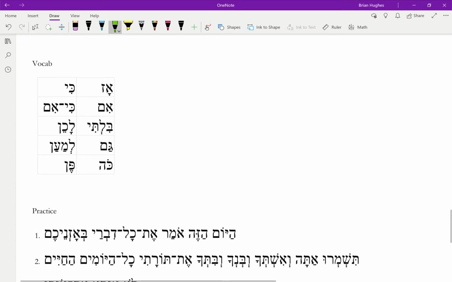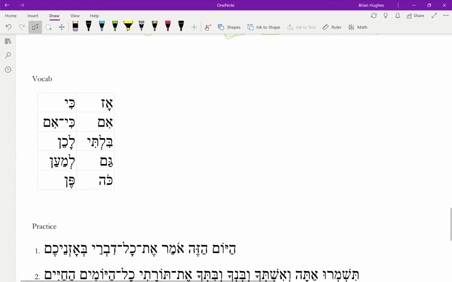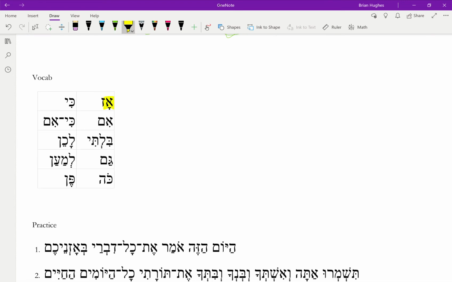All right, the vocab for this chapter is on page 116. So we get az, which means then; im, which means if; bilti, which means so that not, or so as to not do so and so, kind of a preventative phrase. Gam is also or even. Ko is thus.